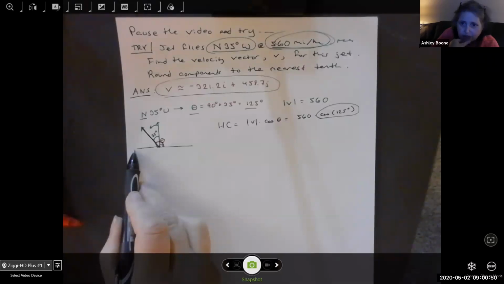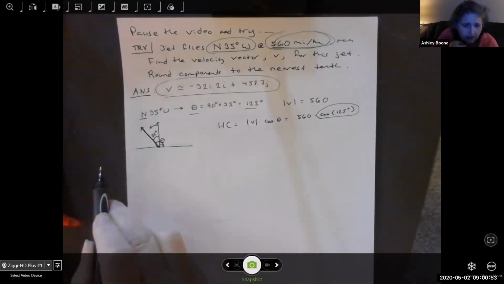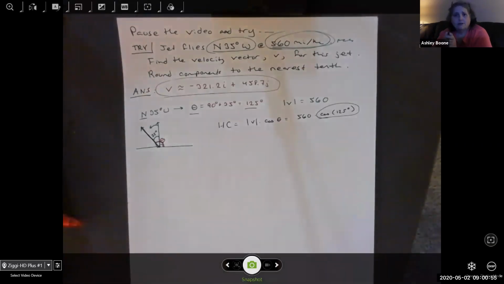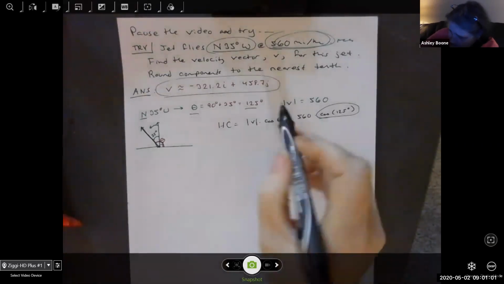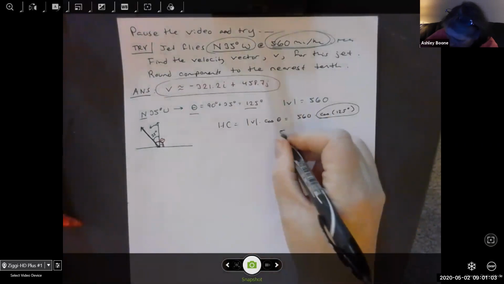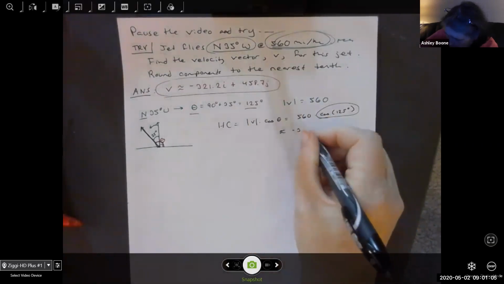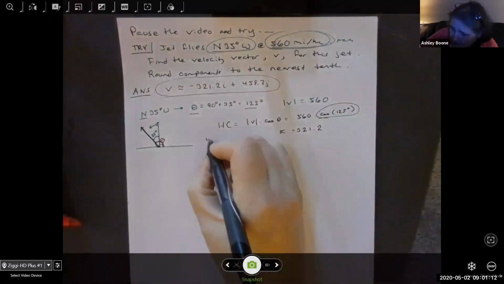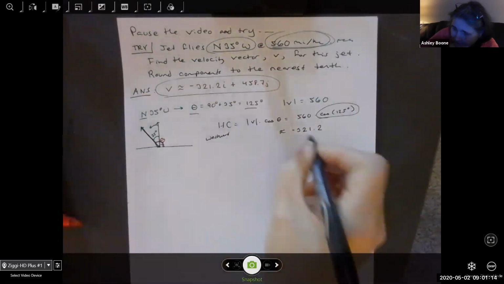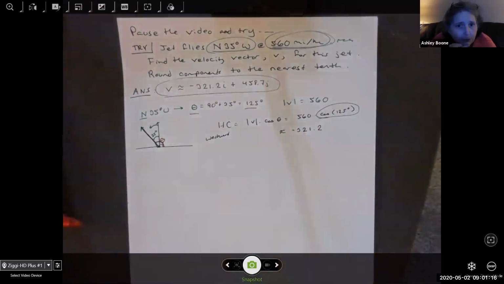We're going west. This should be negative. So grab your calculator, go 560 times cosine of 125 degrees. We should end up with, to a single decimal point, approximately negative 321.2. Negative direction, backwards. We're going westward. Negative 321.2 miles. That's what that's referring to.